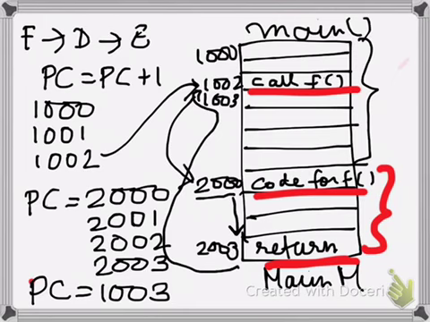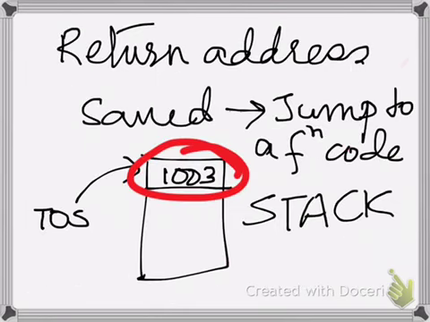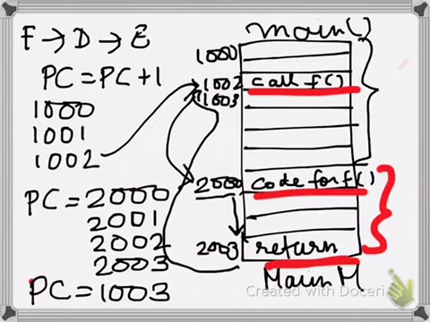So you pop the return address at the top of the stack and load it into the program counter. After returning, the next instruction to be executed is 1003. So for function calls, subroutine calls, this is how the program execution works.